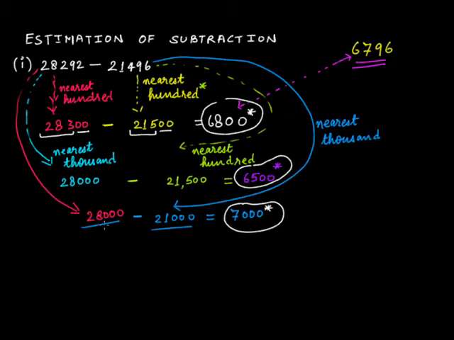Now focus here. Again, it is 28,292 and here it is 28,000. The difference between these two numbers is 292. In this case, 21,000 and again 21,496. The difference between these two numbers is 496. So therefore, you have a larger variation from the original value.